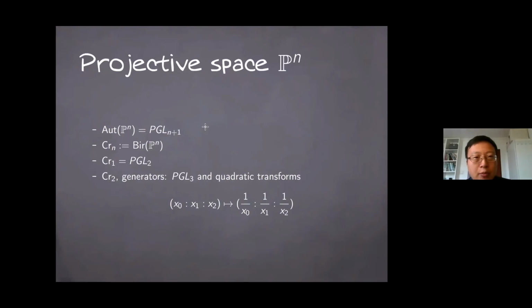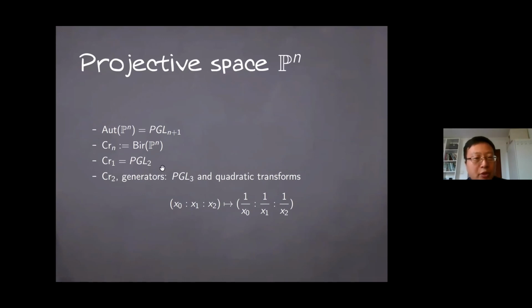For projective space, let's recall. The automorphism group of P^n is, as in Hartshorne's book, PGL_{n+1}. We denote the birational automorphism group of projective space by the Cremona group of rank n, Cr_n. Cr_1 is just the automorphism group of P1, that's PGL2.